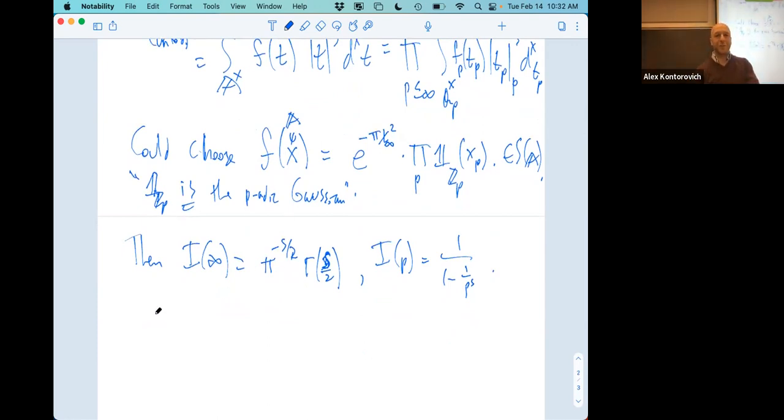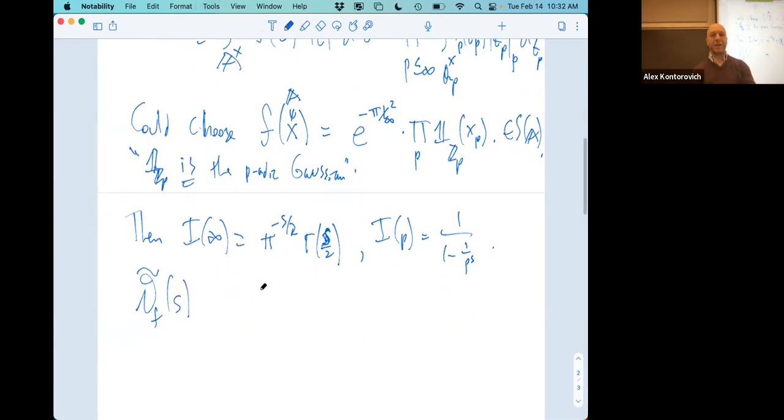With this choice, we literally get that the Mellin transform of the theta function at s, where s is a complex variable, and again this integral only converges if the real part of s is greater than 1, is literally the completed zeta function, pi to the minus s over 2, gamma s over 2, zeta of s. Or I should write this better as a product over all primes of 1 minus 1 over p to the s, inverse, which of course is the zeta function.